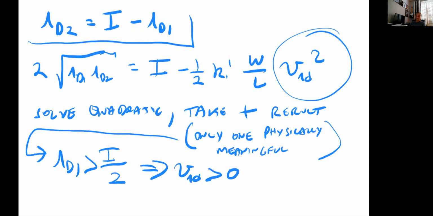So if that is what we're working with, the positive input differential voltage, that means that the drain current in transistor 1 is going to be higher than half the bias current.